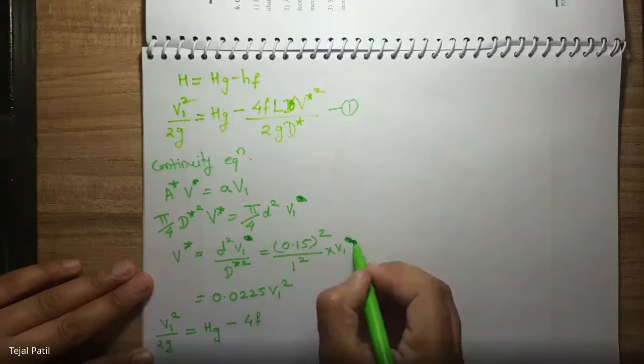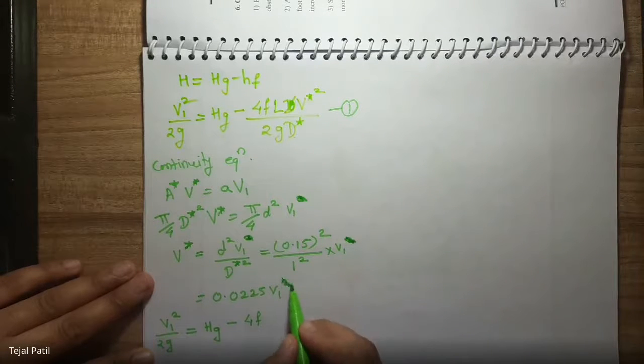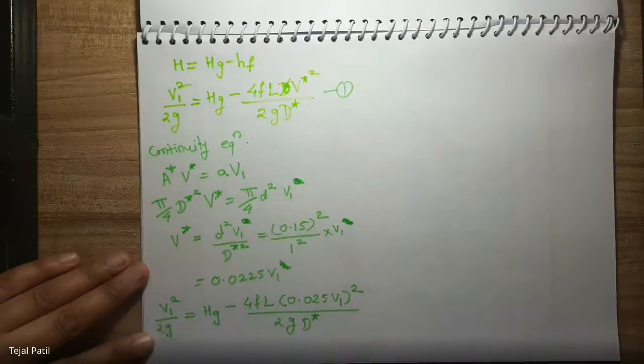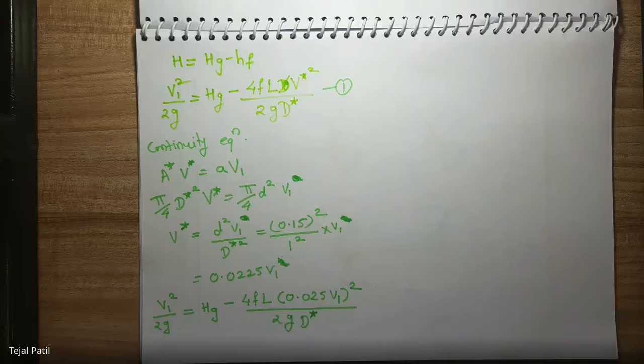Okay, only V1. Now put all the known values and tell me what is the value of V1.